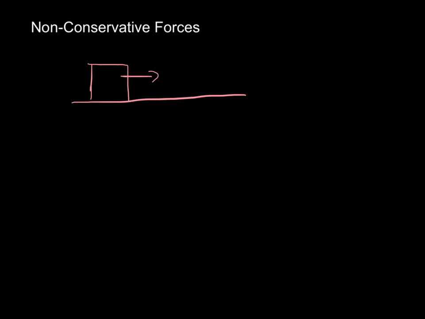If I take my box and I do work to push it this direction, and let's say I just push it to this point, we've used some of the work that I initially put into this box to overcome friction between the box and the floor up to this point.